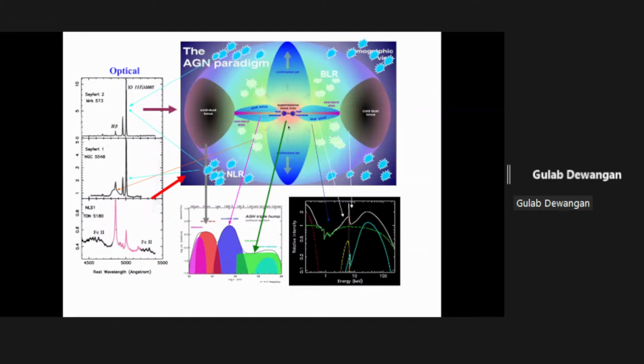Then we also have the X-ray emission at higher energies, and this X-ray emission is thought to arise from something called a hot corona, where the interaction between the disk photons and the hot corona gives rise to X-ray emission. That also we'll see in a little more detail.